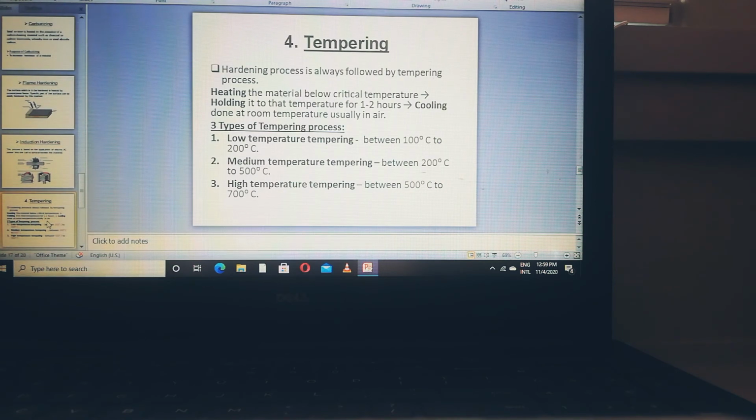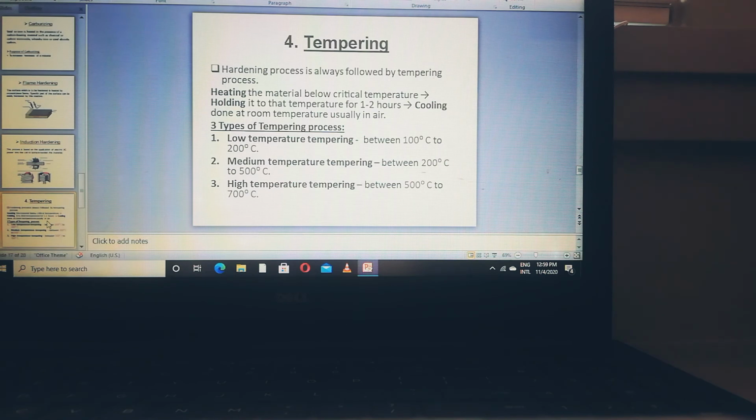Here, the material is heated below its critical temperature, depending on the kind of tempering we are using. If we are using low temperature tempering, the material is heated between 100 to 200 degrees Celsius below its critical temperature.